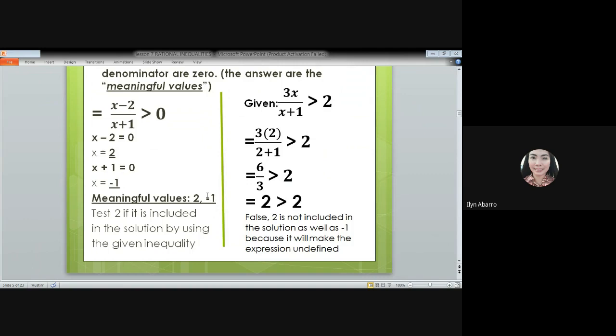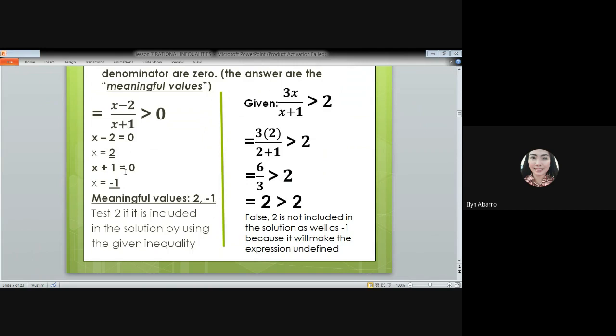Why? Do we have to test negative 1 to be part of the solution? Automatically, the 0 in the denominator is not a solution because 0 is not allowed in the denominator. It will make the expression undefined. Okay?